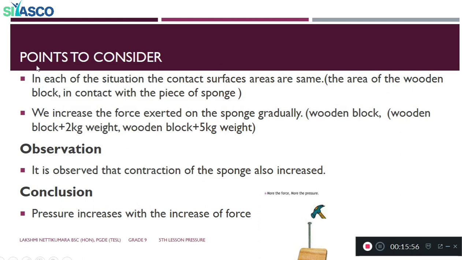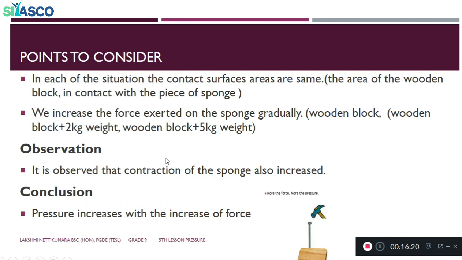Again, let's see what are the important points to consider here. In each situation, the contact surface areas are the same. We increase the force exerted on the sponge. So you will observe that the contraction of the sponge also increases. Conclusion: pressure increases with the increase of force.